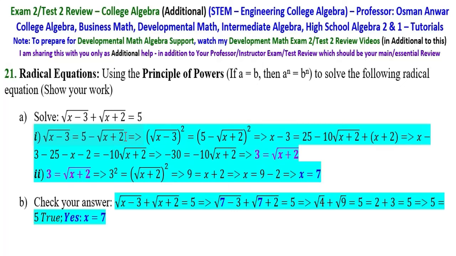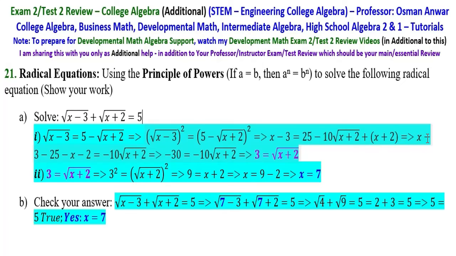So that is square root of x minus 3 equals 5 minus square root of x plus 2. Then square both sides, square root of x minus 3 squared equals 5 minus square root of x plus 2 all squared. Then when you square this is x minus 3, and this is 25 minus 10 square root of x plus 2 plus x plus 2.